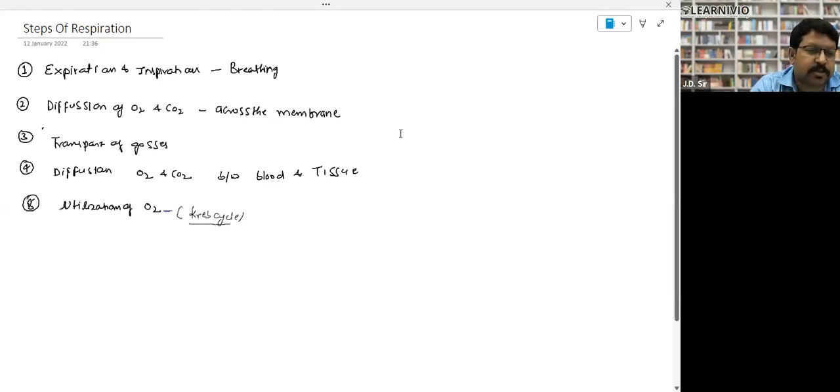In the steps of respiration, first is expiration and inspiration, right? Expiration is removal of air, inspiration is taking air inside. So this is a part of breathing. Then the second step is diffusion of O2 and CO2 across membrane.